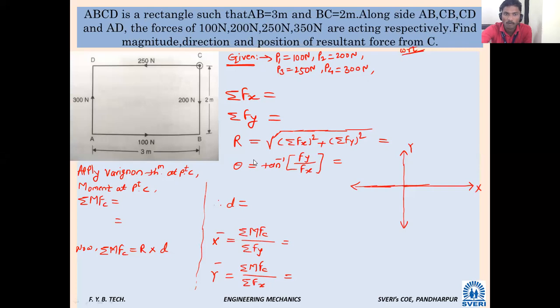Resultant 180 Newton. Exact 180.27. Sakshi, just check. We will see. 180.27. Next, theta. Minus 33.42?